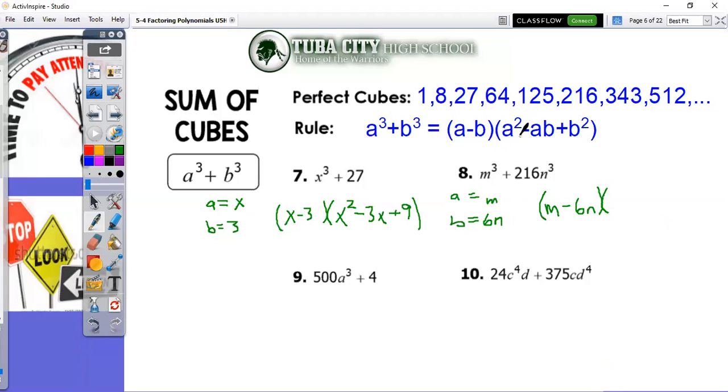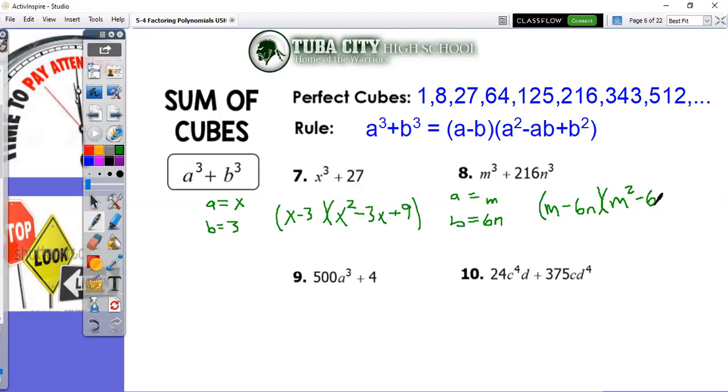Now we're going to go ahead and start on this one here. So A square, so we have our A here, so that's M. M square minus AB, so MN. So that means this times this, right, M. So we want to put it in alphabetical order.